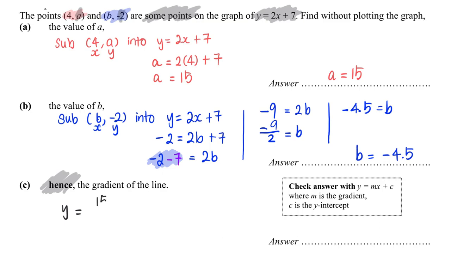So it's 15 minus -2. Oops, sorry. I shouldn't write y. I should write it as gradient. And 4 minus b. And my b is -4.5. And this will give me a value of 2.